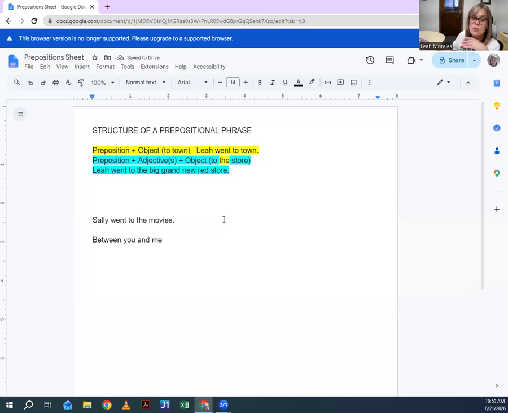After a preposition, you always want to use the objective case, okay? Similarly, you must write to Sally and him, not Sally and he, okay? You always use the objective case when you're using pronouns as the object of a preposition. So that is something else to remember.